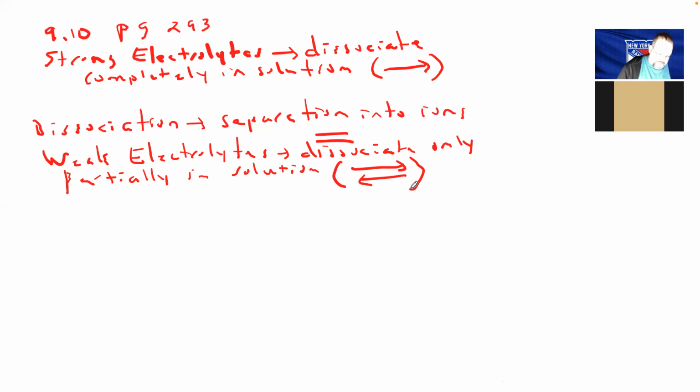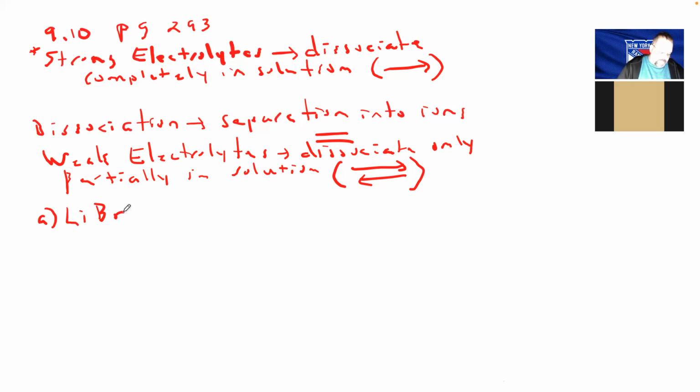Now here, we're considering only strong electrolytes. So if you look at the different examples, all we really want to do is figure out what ions they're going to produce, but then also the equation has to be balanced.